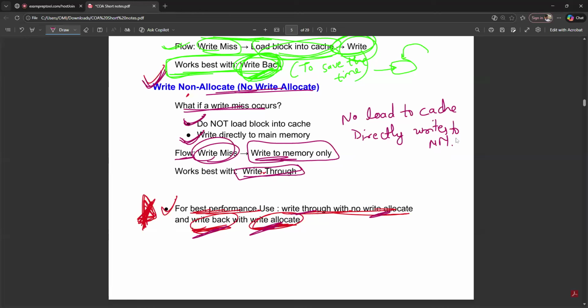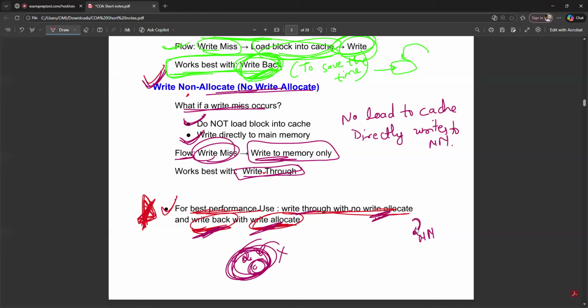Because in write allocate, the block comes to the cache but not to the main memory, and write back says write only in the cache. So here you are saving the time by using it with write back. And no write allocate says do not load the block into the cache, just update in the main memory.